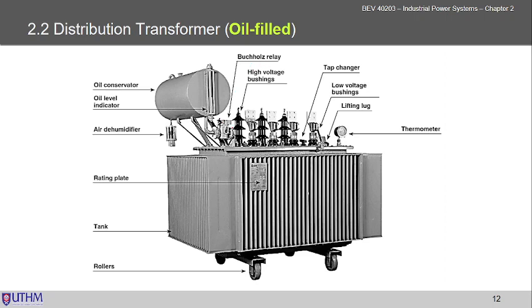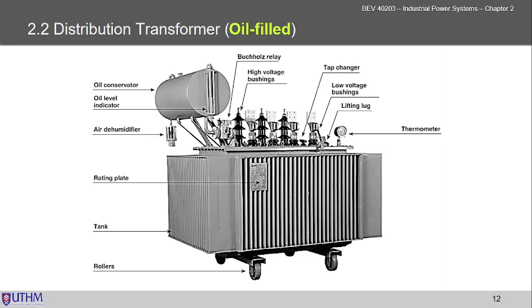The Buchholz relay is for protection, to protect the distribution transformer. And others are the tap changer, and then you have the low voltage bushing and the high voltage bushing. This is a connector connected to the high voltage side, and this is connected to the low voltage side. Of course, we have the thermometer to measure or monitor the temperature rise in the oil, or indirectly for the winding.